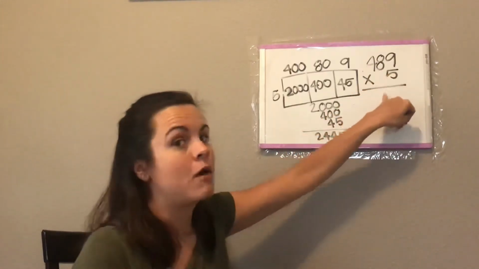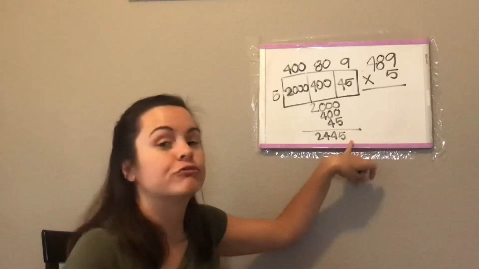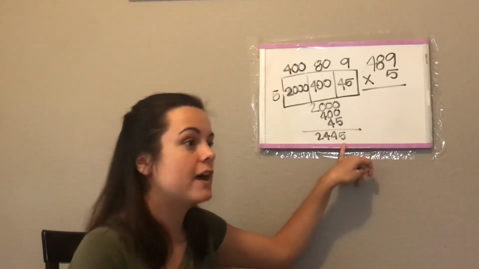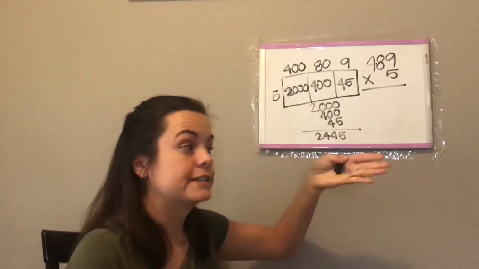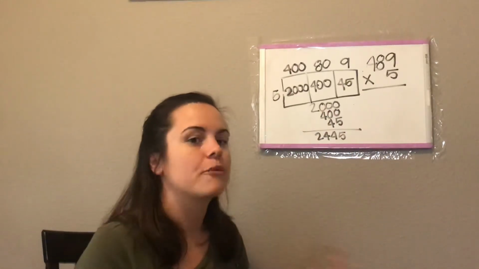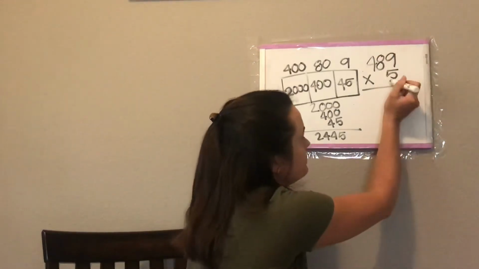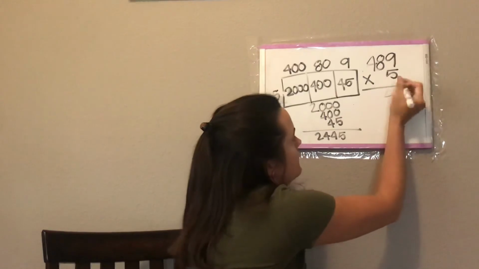However, it's always good to do another example. So we're going to do our partial products here, so that way we can see if the answer really is 2,445. It's always good to double check. If you get the same answer twice, you know that you got it right. And if not, then you need to go back and figure out what we did wrong. So we're going to do 5 times 9, which is 45.